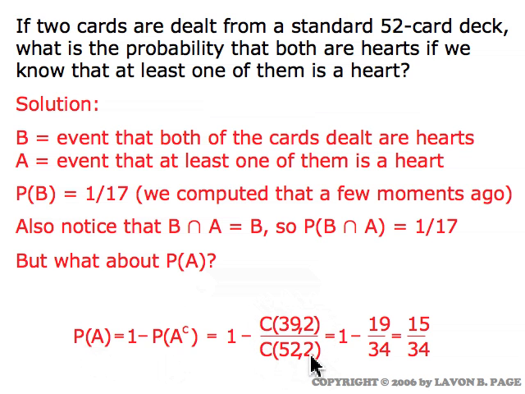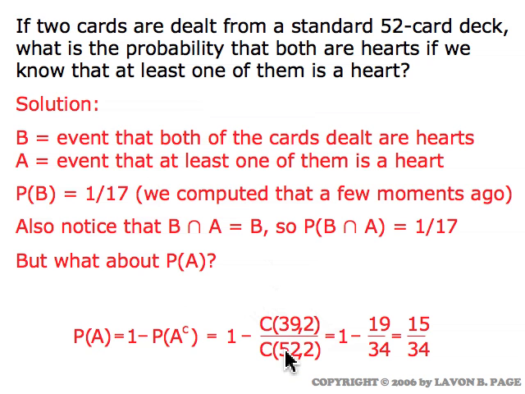Count the number of possibilities when we deal two cards from a deck, and for the numerator, take the number of possibilities where the two cards come from the diamonds, clubs, and spades, the 39 cards which are not hearts. So here we're counting the ways to get a pair of cards, neither of which is a heart, and the reason we're doing it is because that's the complement of the event A.